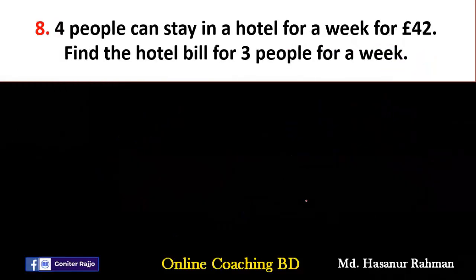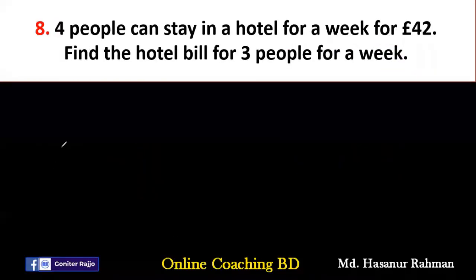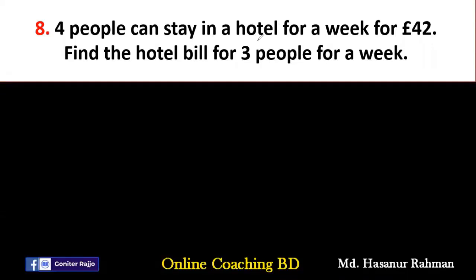Now, number 8. Number 8 says, 4 people can stay in a hotel for a week for 42 pounds. The question asks you to find the hotel bill for 3 people for a week. Very simple. How can you solve this one? We can write in this way.